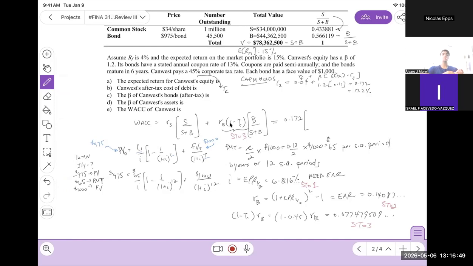Now I have the rounded values here, we'll just use the ones there. If you kept all the decimal places, it will be a little different, but not immediately for the decimal places. It will be in later decimal places. So this is going to be 0.433881.